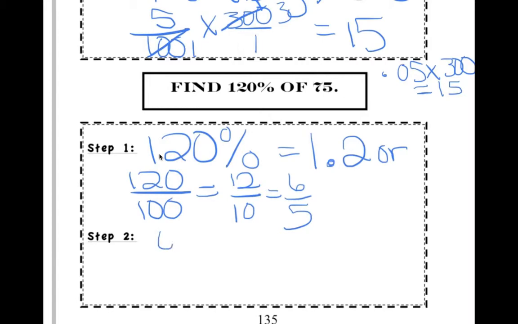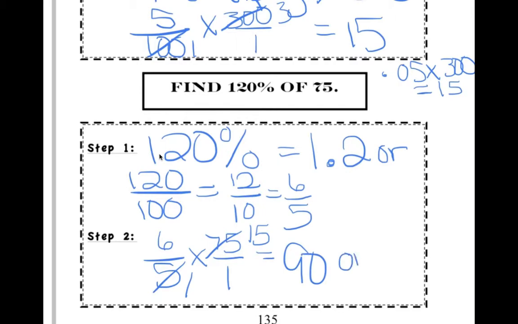So either 6 over 5 times 75, which equals, cross that out, and we get 6 times 15 equals 90, or 1.2 times 75 equals 90. Pretty easy, right?